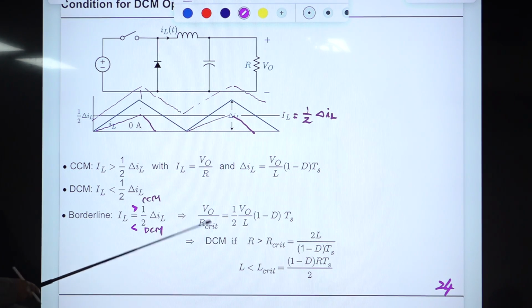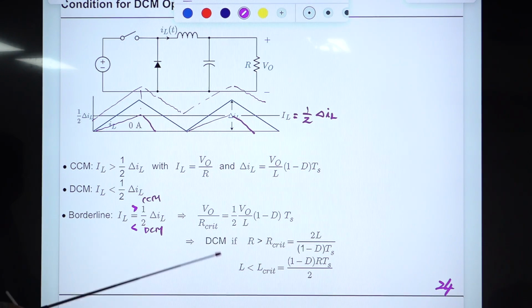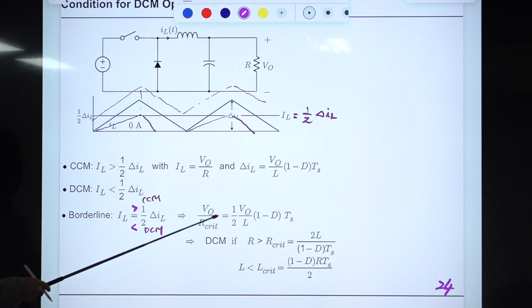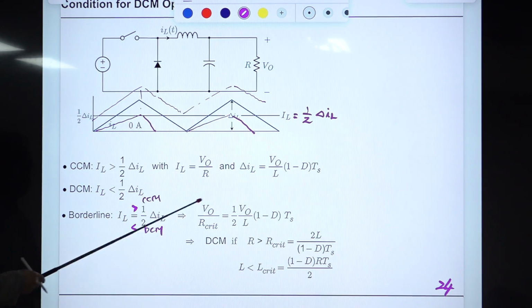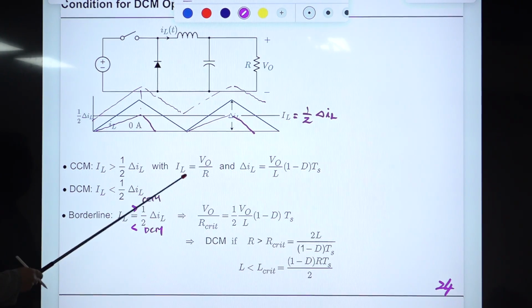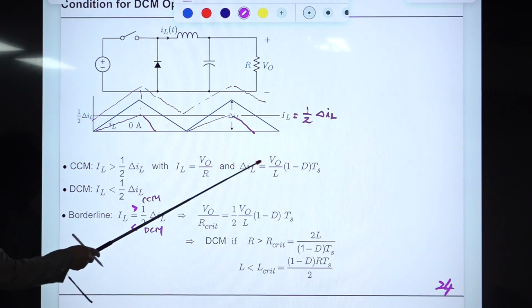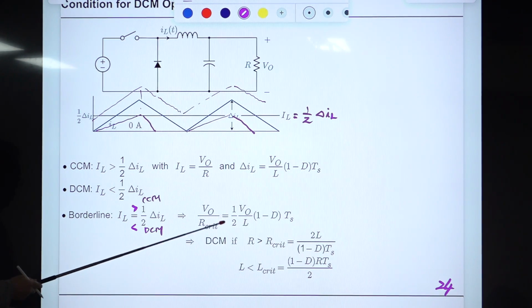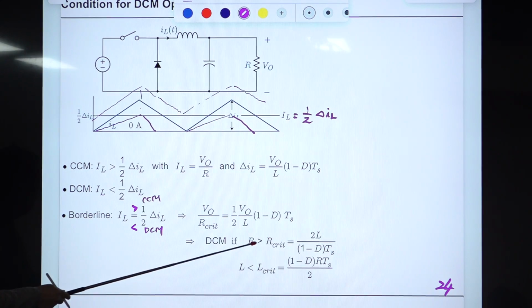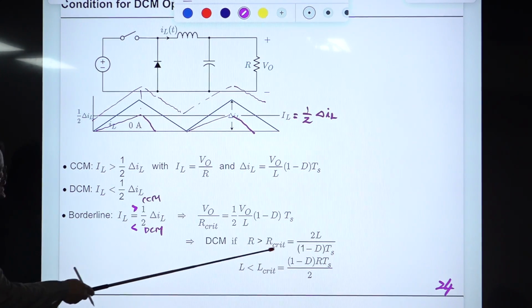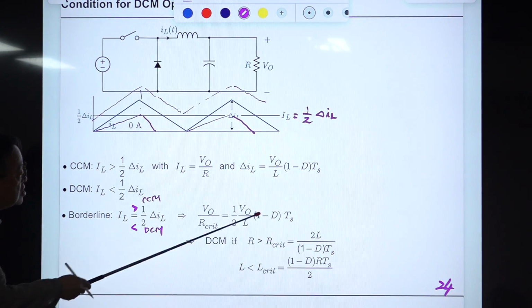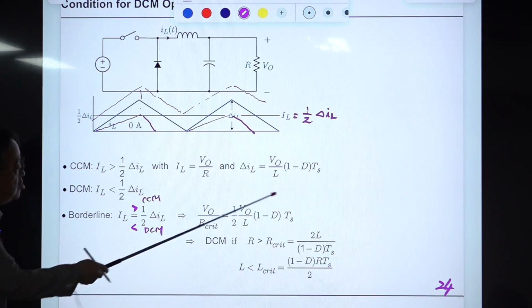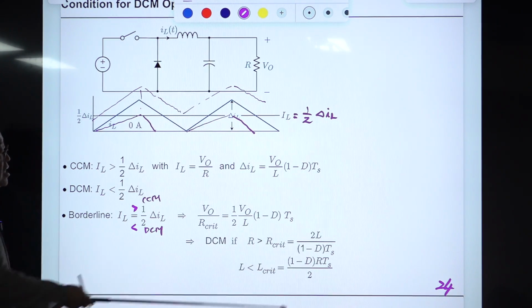Let's denote the load resistance which puts this converter on the borderline between CCM and DCM as R critical. This one is the average value of the inductor current. It's the same as half of this del IL, which is this. From this equation, you find R critical, and from this equation, you calculate L critical.